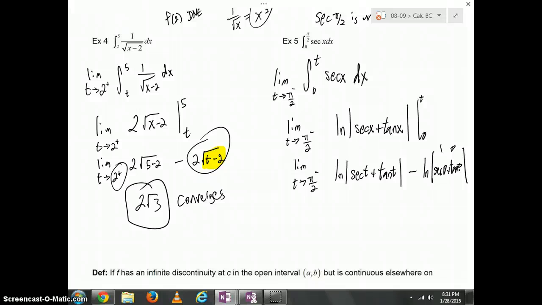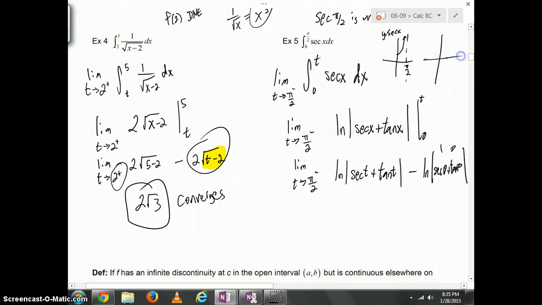As we're investigating the natural log of secant plus tangent, it's helpful to look at their graphs. The secant graph, just sketching that very quickly, around pi over 2, you can see that you're approaching positive infinity.